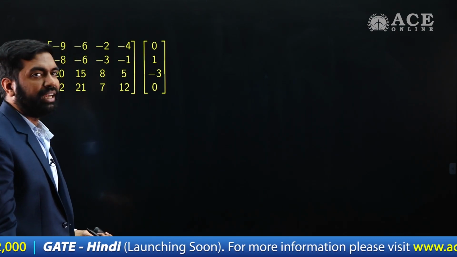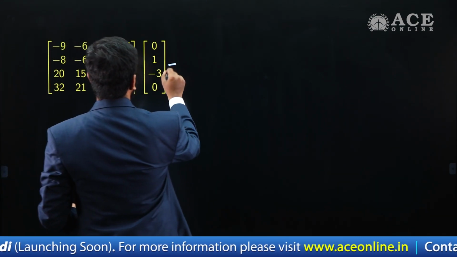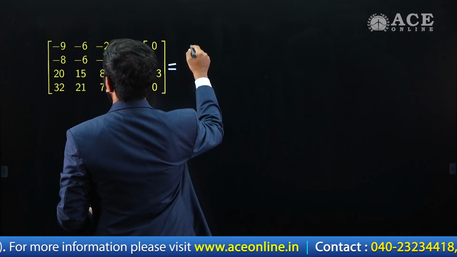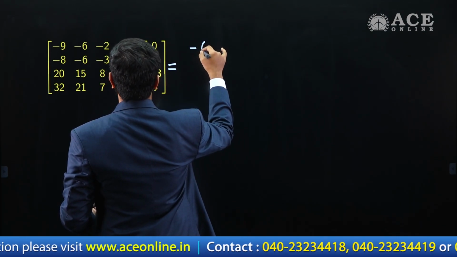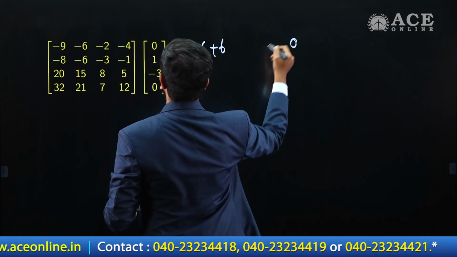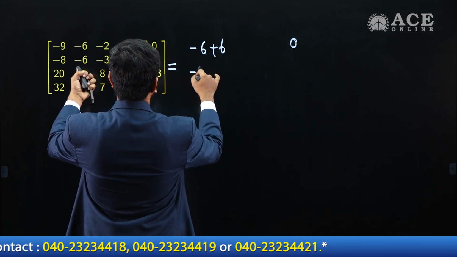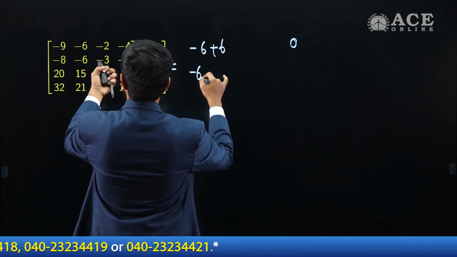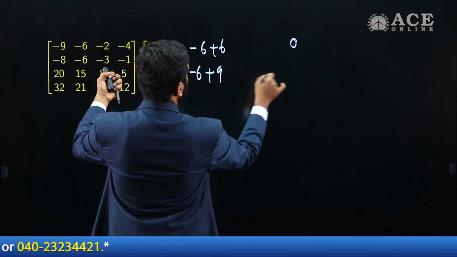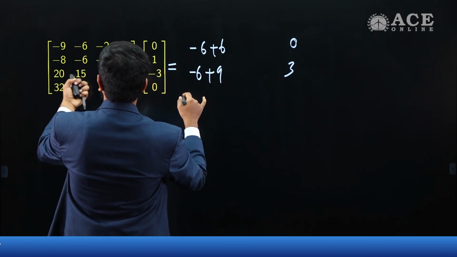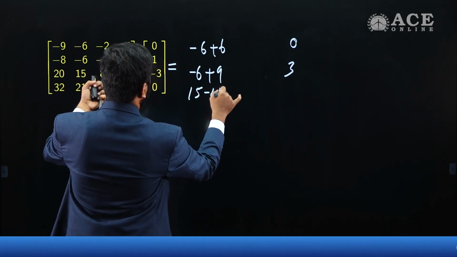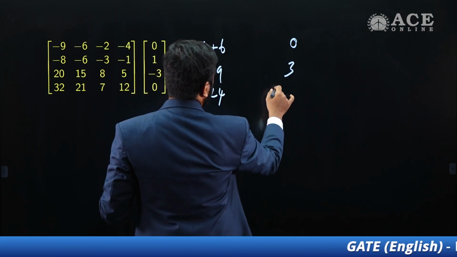It's a very simple activity that you have to do. So what are you supposed to do here? Same process. Minus 6 plus 6, this is 0. And then minus 6 plus 9, how much? It's 3. And then 15 minus 24. How much is 15 minus 24? It's minus 9.